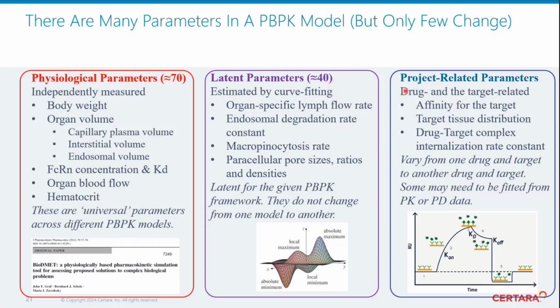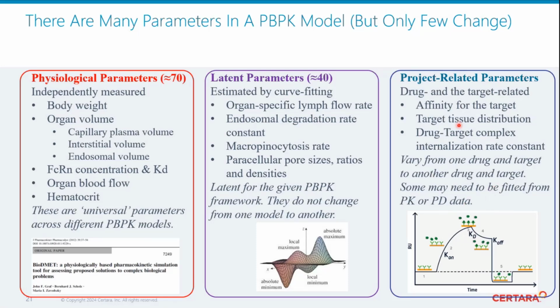And then we have project and target related parameters. So we have antibody or antibody fragment, or you name it. We need to provide affinity, some idea about where the target is, and that's that. And many of those parameters can be measured in vitro, like affinity by SPR. But there are some parameters which can't be measured easily in vitro, for example, internalization rate constants.